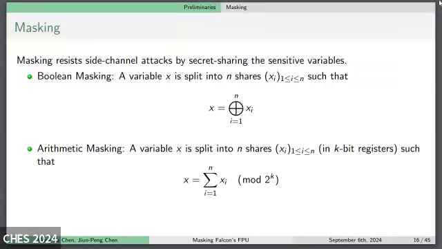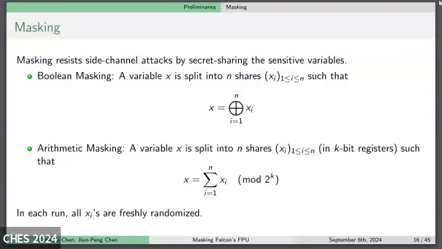And there's arithmetic masking, where a variable x is split into n shares, such that x is the sum of all the shares. And in each round, all the xi are freshly randomized, and all the operations go with share-wise operations, so that any single intermediate value will be independent of the original secret value.